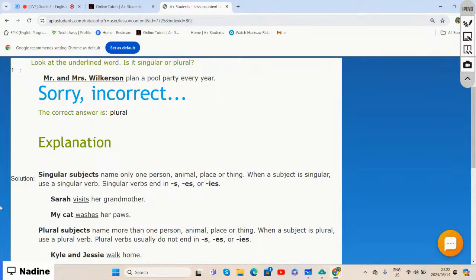If we look at the underlined subject, is it singular or is it plural? And especially our verb says plan.